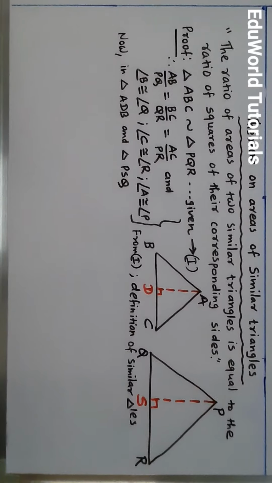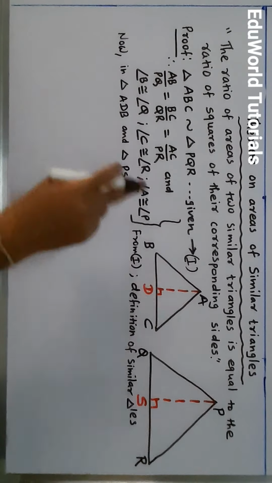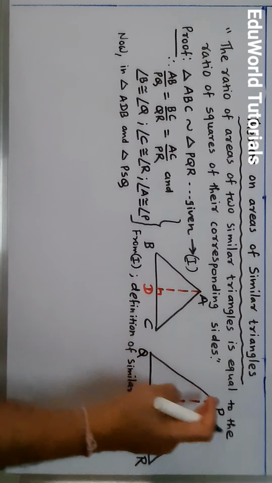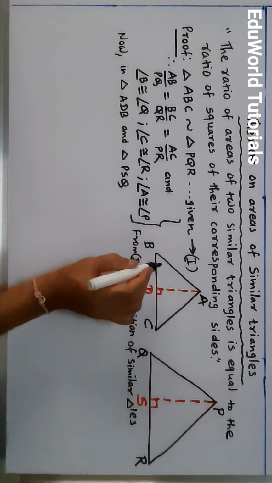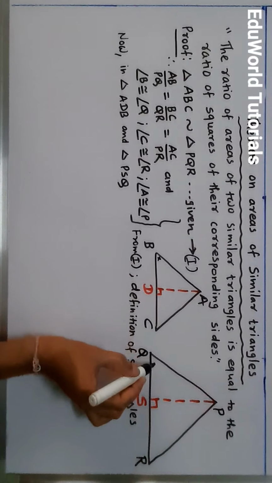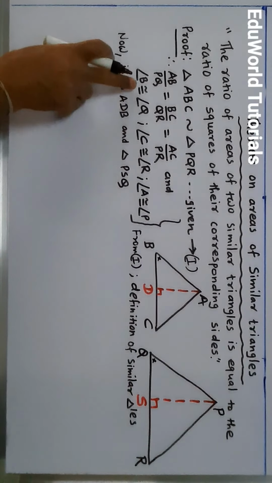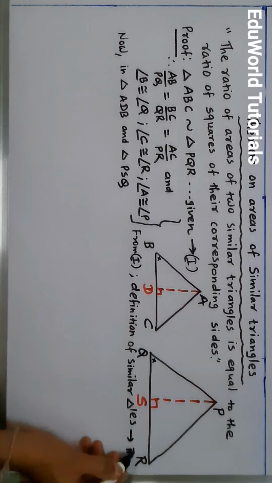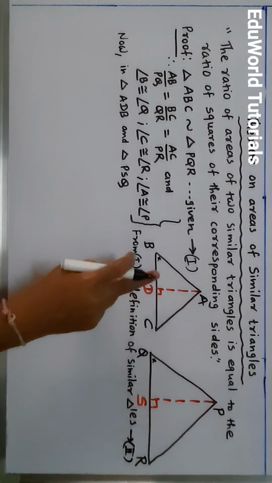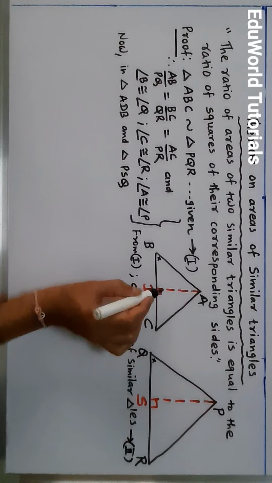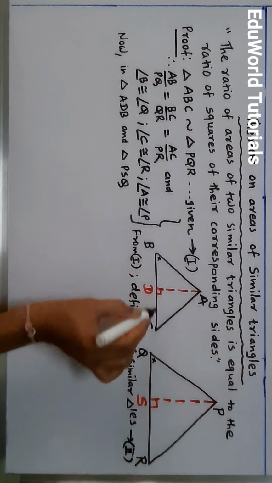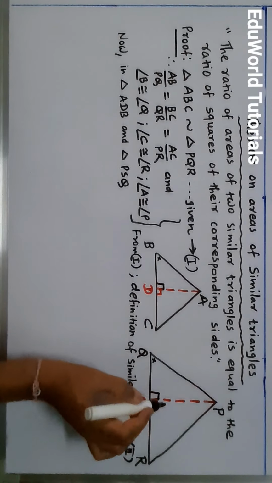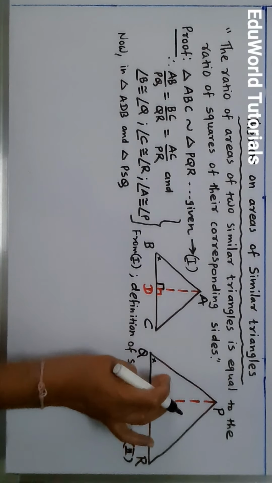Now students, in triangle ADB and triangle PSQ, as you are seeing, angle B is congruent to angle Q. Why? Because it is given already. We will give this as result 2. So angle B is congruent to angle Q, and because AD is perpendicular to BC, this is a right angle here, and this is a right angle here, because we have considered these two triangles.